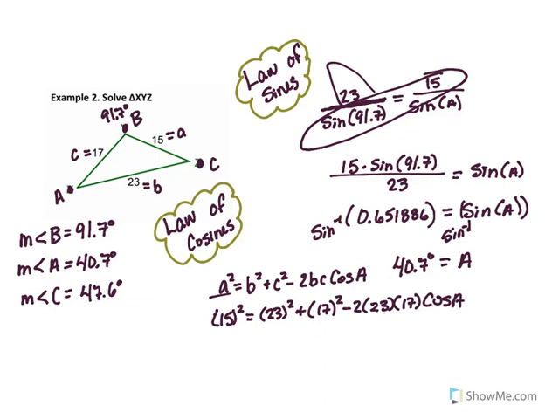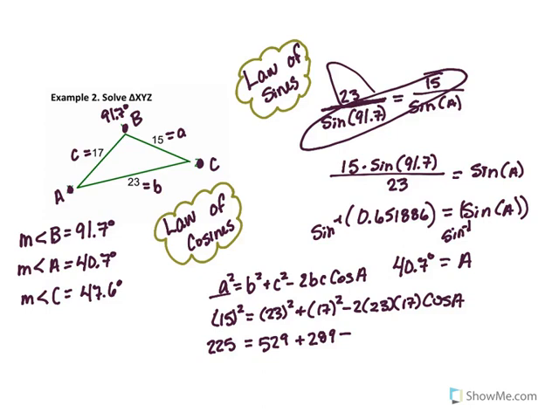What's 15 squared? We've got 225 equals 23 squared, which is 529, plus 17 squared, which is 289, minus, we're going to do 2 times 23 times 17.